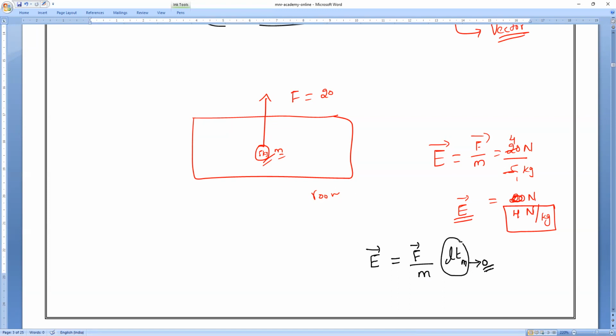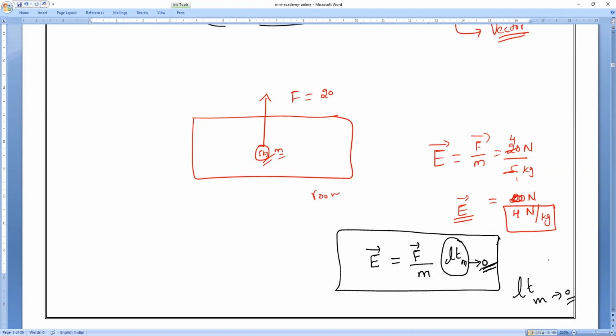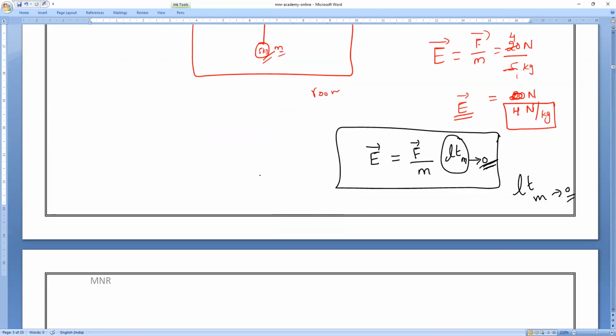So the limit of M is 0. This condition is always true for the gravitational field. The strength of a gravitational field is F by M, where the limit of the mass is very small, almost 0: limit M tends to 0. That is the condition we use for the gravitational field.